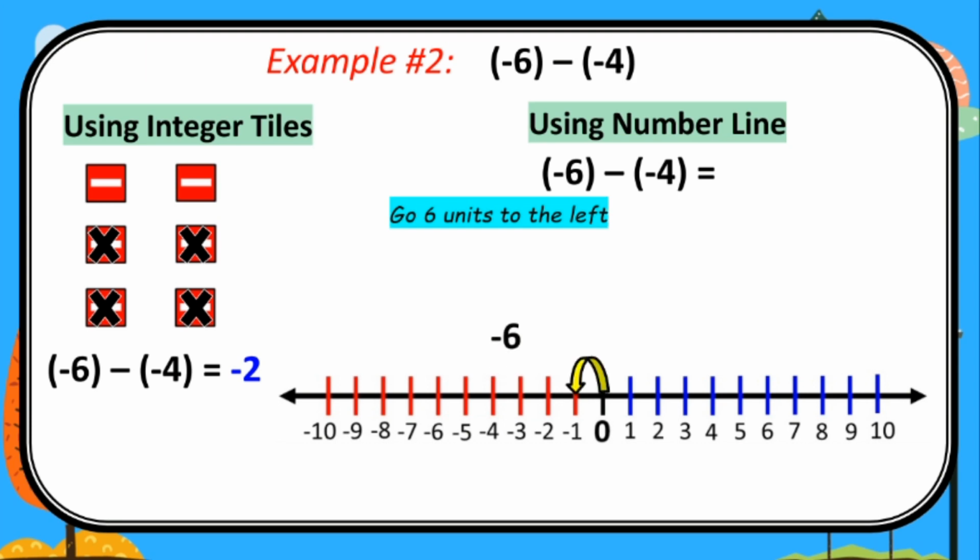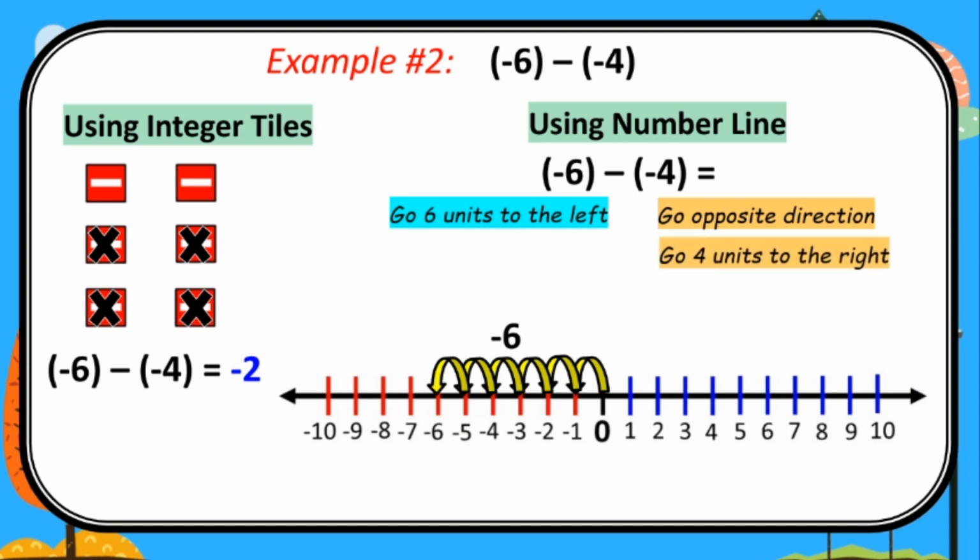So, we have 1, 2, 3, 4, 5, and 6. Ang ating subtrahend ay negative 4. Pero sabi dyan, go opposite direction. So, opposite kabaligtaran ng negative 4. Ibig sabihin, go 4 units to the right. So, ang negative 4 natin ay magiging positive 4.